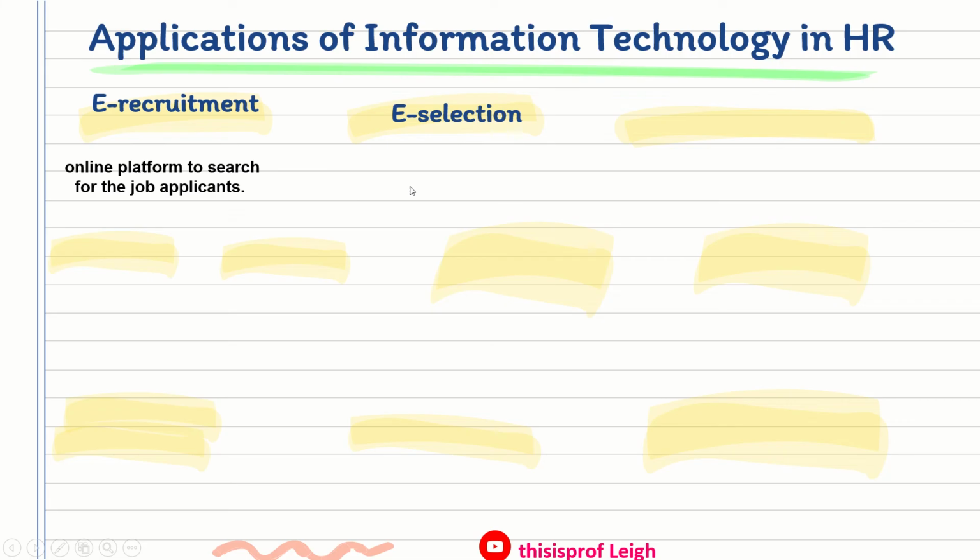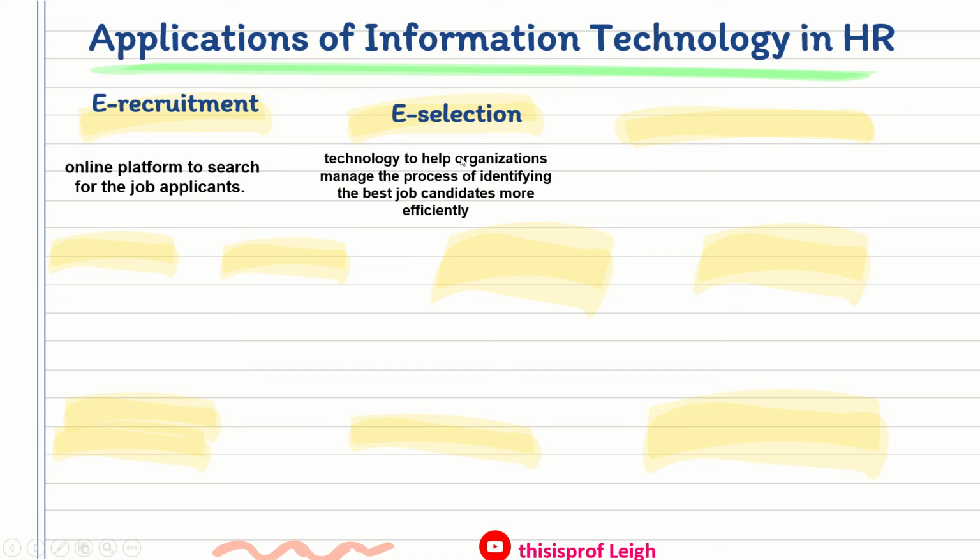Another is electronic selection. This is a technology to help organizations manage the processes of identifying the best job candidates more efficiently. When we have an online platform to search for job applicants, the applicants will apply or send their applications.